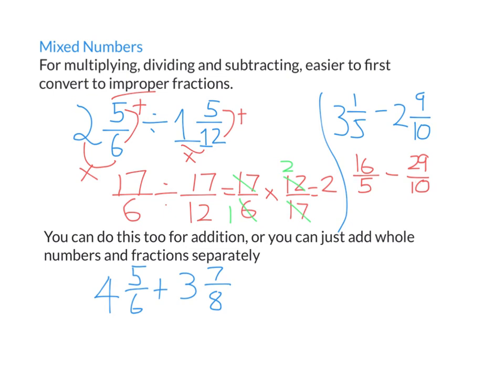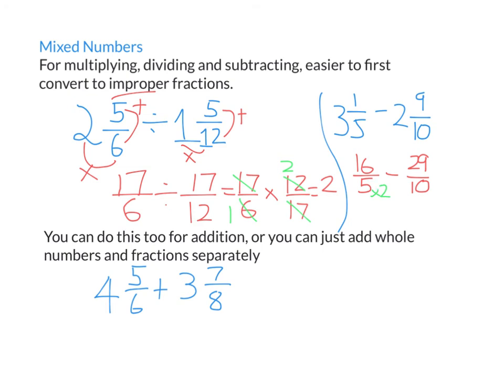So now I'm just going to subtract these the way I did on a previous slide. Remember, before I subtract, I need to have the same denominator. I don't have that here. So what I need to do is make these have the same denominator first. So the lowest common multiple of 5 and 10 is 10. See, if I times this denominator by 2, its denominator will be 10.